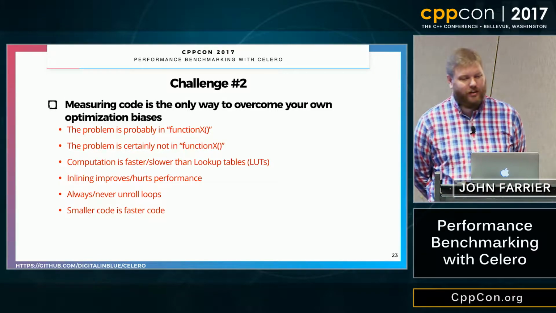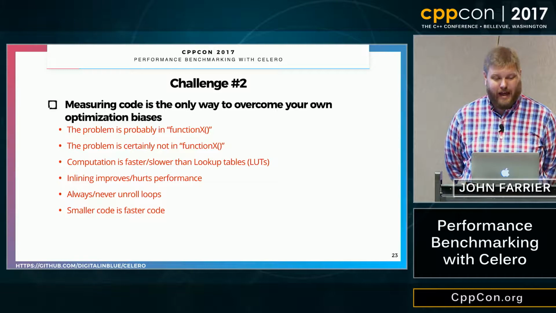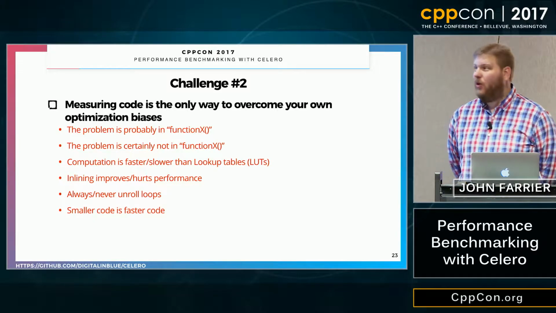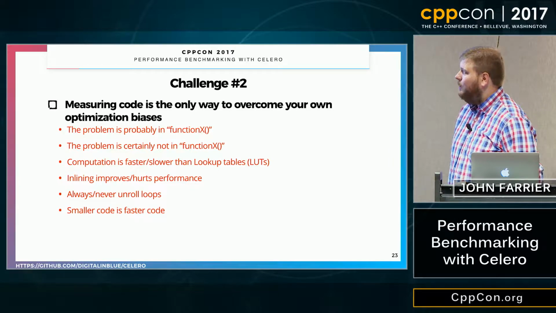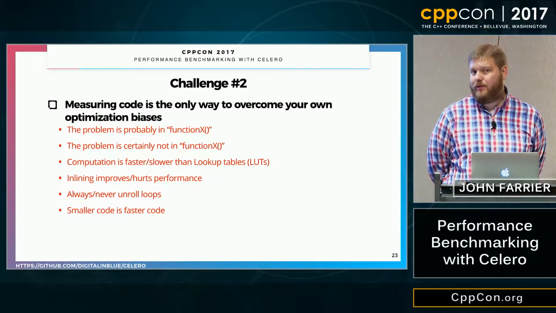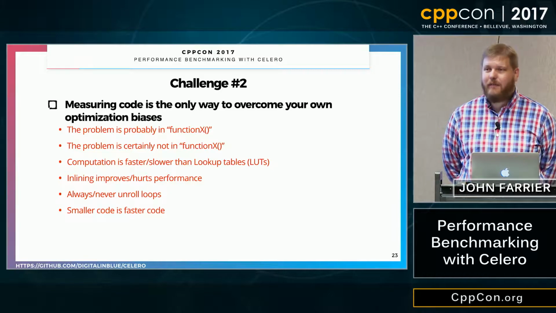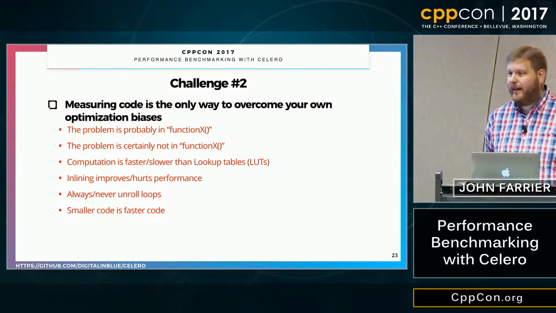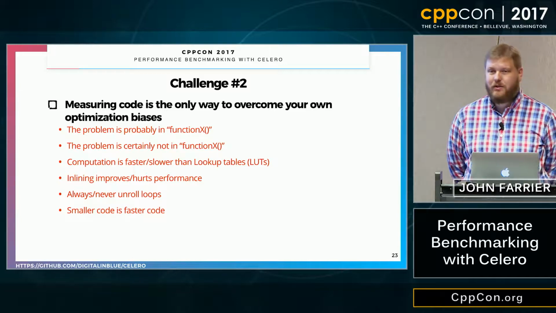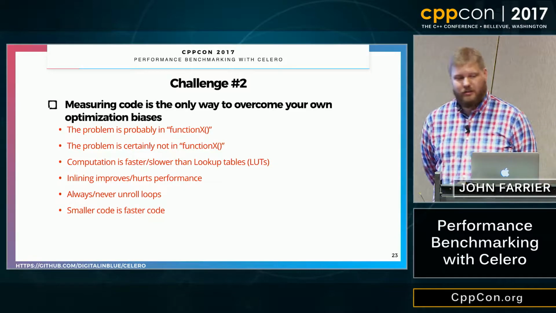And let's not fall into traps that there is certain lore that you will find online and sage advice that maybe isn't actually true in your situation. So let's not make assumptions about whether it might be faster to inline or not, or maybe we should hand unroll the loops, or maybe we shouldn't.